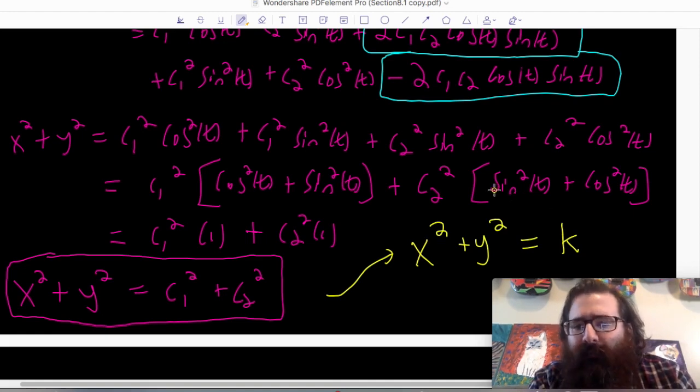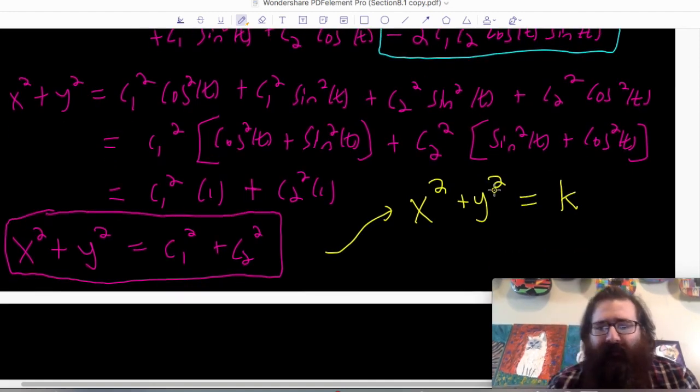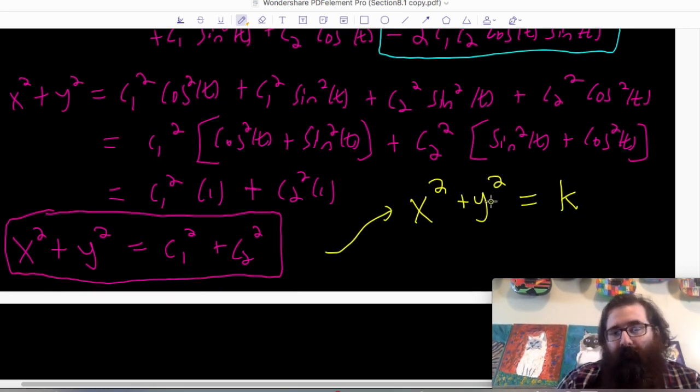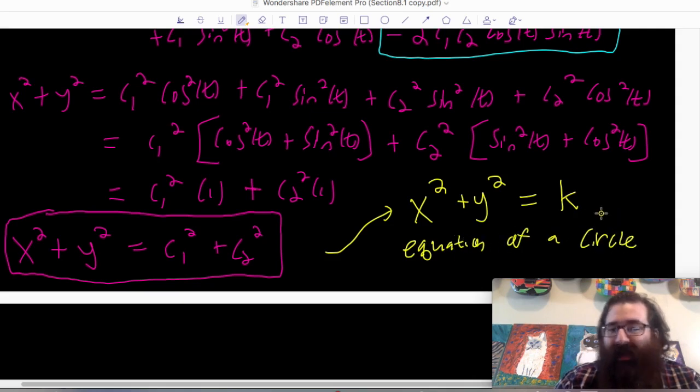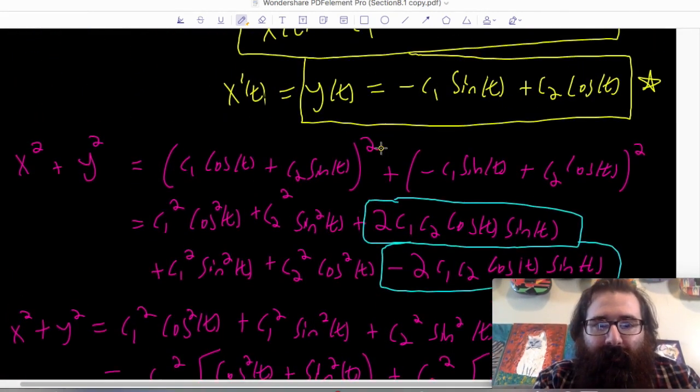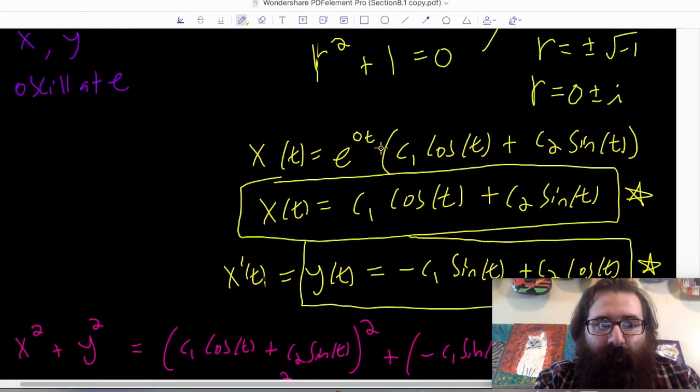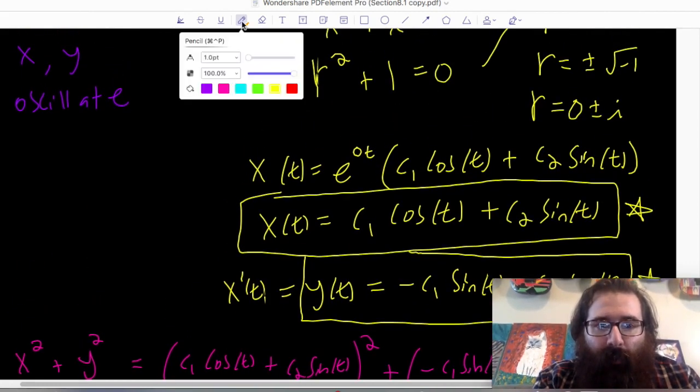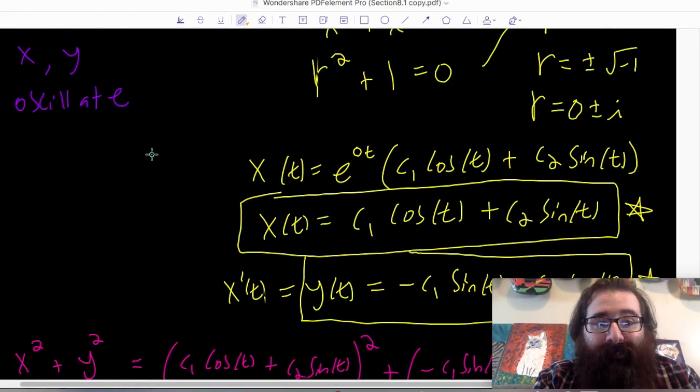And if we've seen this before, we probably remember, hey, this is the equation of a circle. And we have a lot of hints now that are all pointing to the same result. And we even talked about this back when we went through the list that we had.